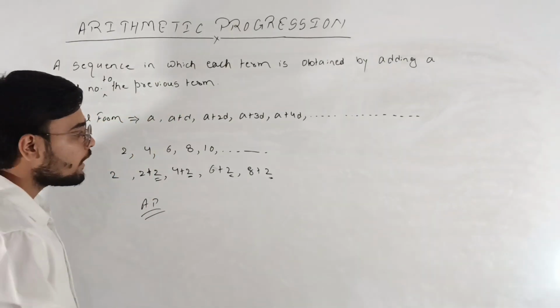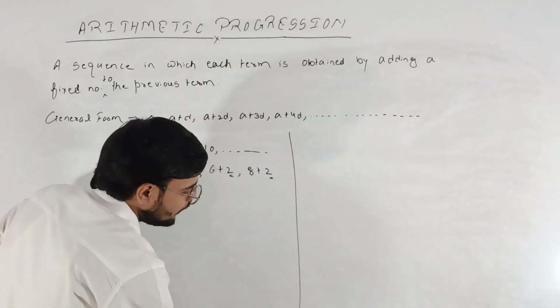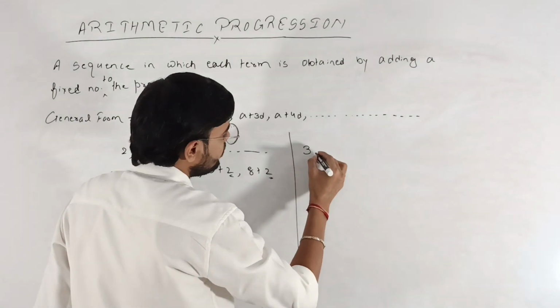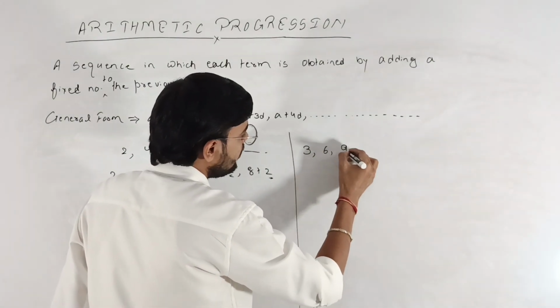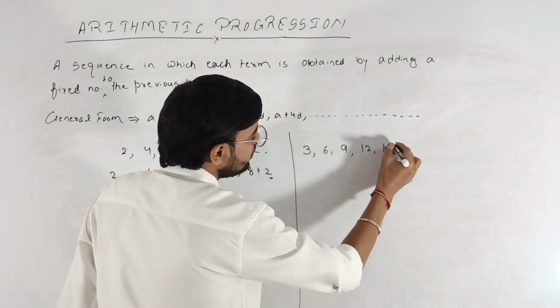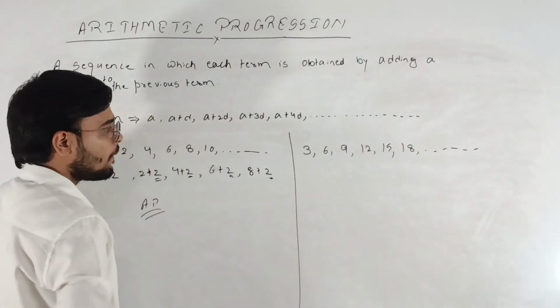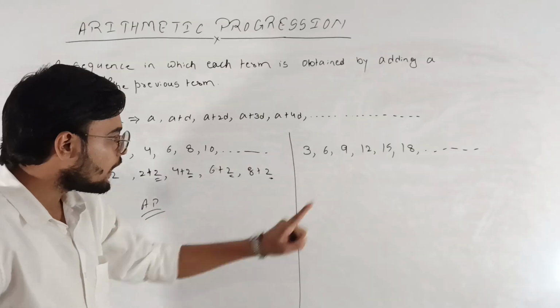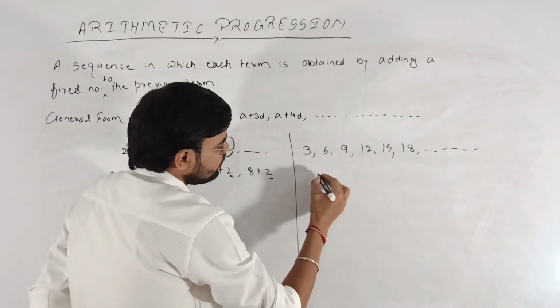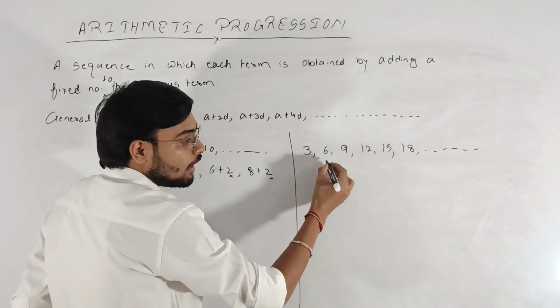Understood? Let's take one more example. Suppose I have a sequence that is 3, 6, 9, 12, 15, 18, and so on. Now this is 3, and for 6, how do I obtain 6?